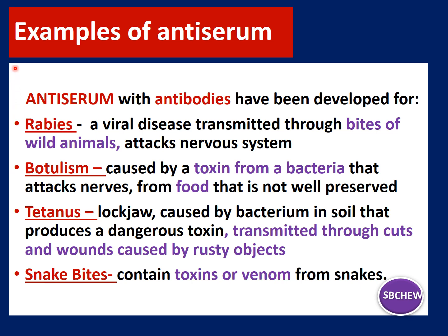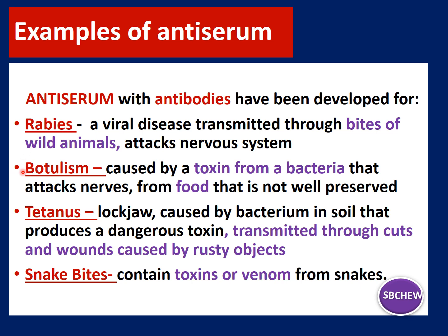Here are some types or examples of antiserum that have been developed for various fatal diseases. So all this antiserum contains the antibodies for that particular disease. Rabies, or sometimes called mad dog disease, is a viral disease transmitted through the bites of wild animals, and this virus attacks the nervous system.